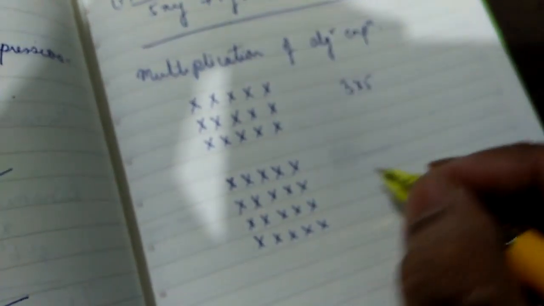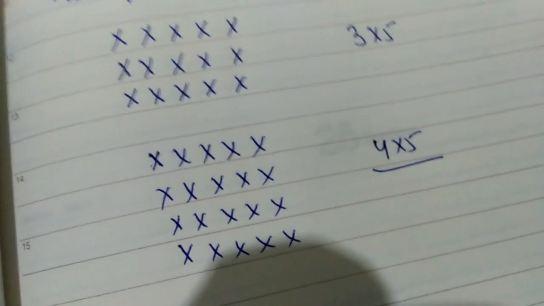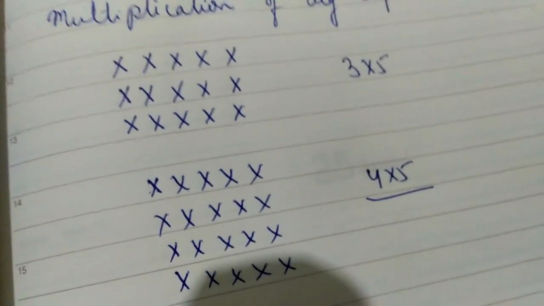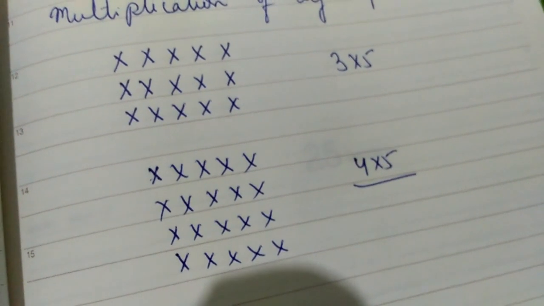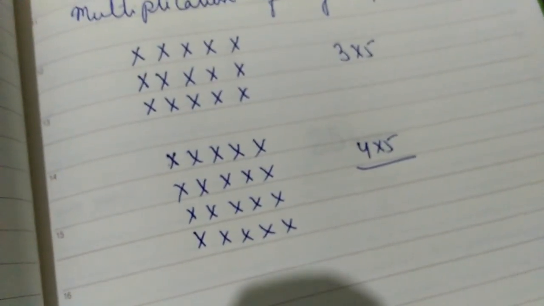So now it is 4 into 5. Now here we know the number of rows and columns, so we can easily do it by 3 into 5 or 4 into 5. Alright, let us suppose that we do not know the number of rows and columns. They have been expressed in the form of variables.